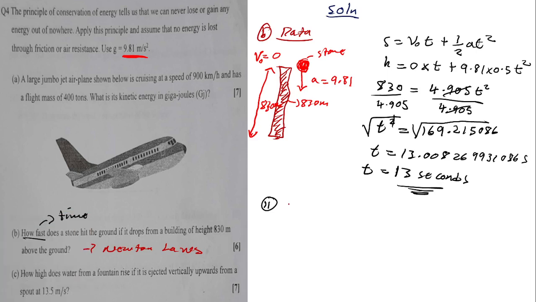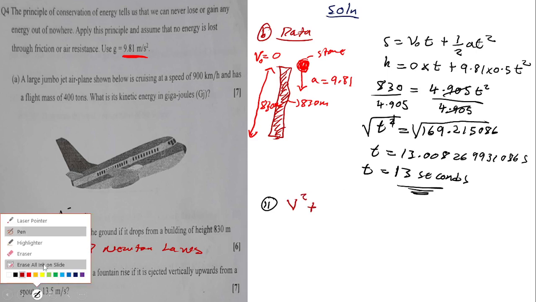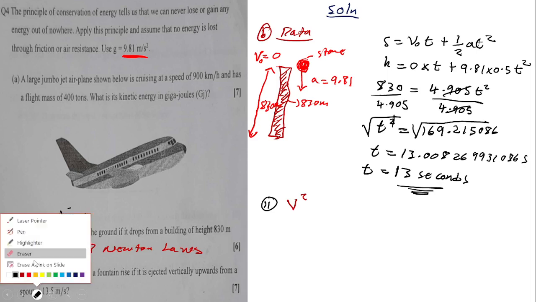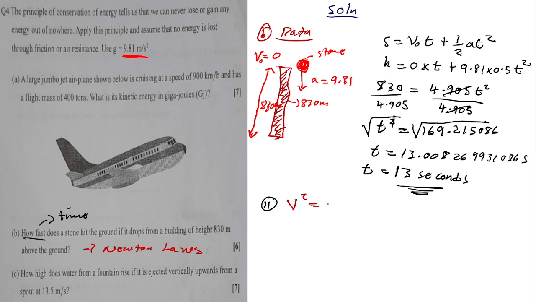You can simply use the last formula, which uses what we have been given. So this will be v squared is equal to u squared, or initial, plus 2as. From there you can select downward as your positive.